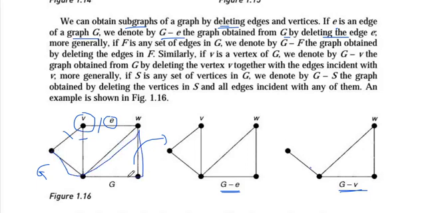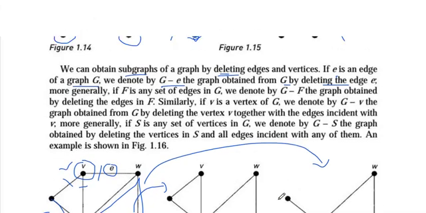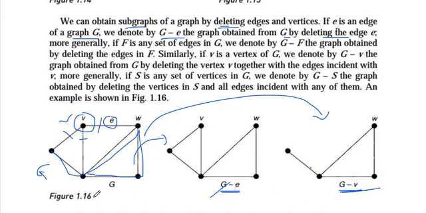This is also a subgraph of this graph G, and we write it like G−V. We have deleted a vertex in this graph, and we have deleted an edge in the other graph. So these two are subgraphs of this main graph G, a portion of the graph.